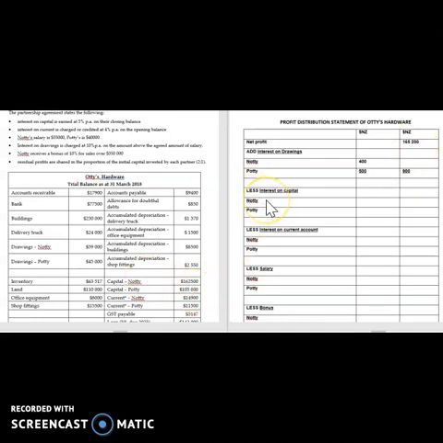Now let's look at interest on capital account. Interest on capital account, 5% per annum. So 5% of 162,500 Naughty will receive, and 5% of 105,000 will be received by Potty.